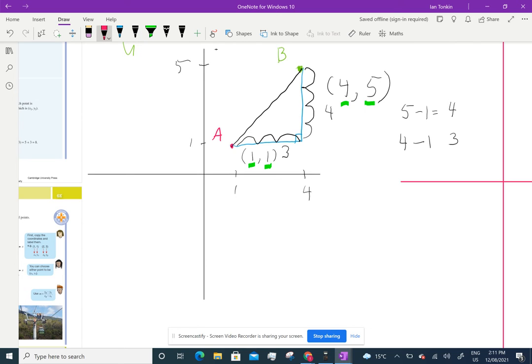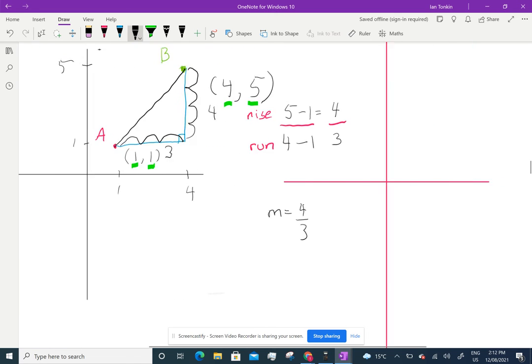Now, that is your rise, and that is your run. So if you just put a fraction there, you get the gradient. And the gradient is 4/3. Now I know that's 1 1/3, but I prefer to use it as 4/3.